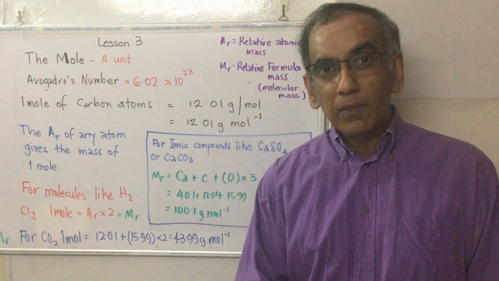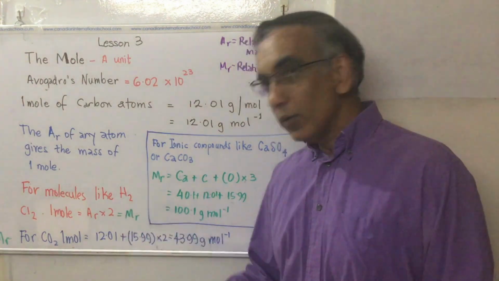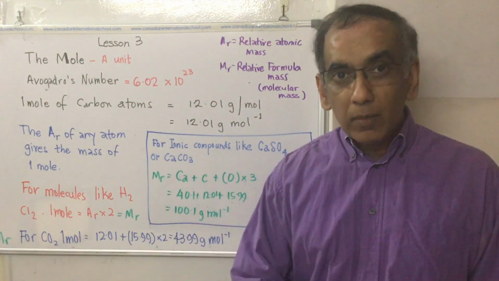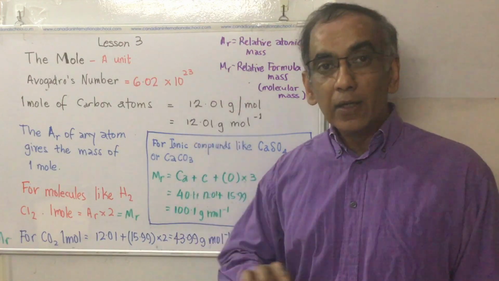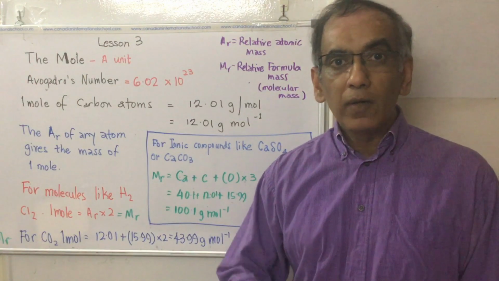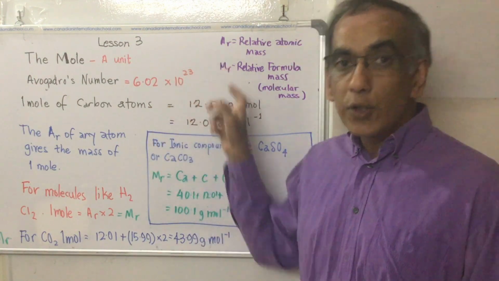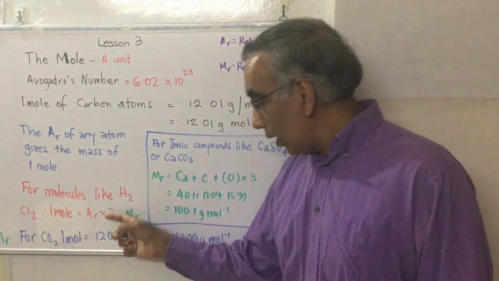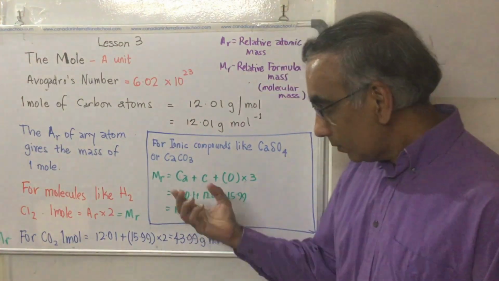So you would be bringing me 71 grams of Cl2, and that would be 1 mole of Cl2. That would be made up of 6.02 by 10 to the power of 23 molecules of chlorine. And it would be made up of 6.02 by 10 to the power of 23 multiplied by 2 atoms of chlorine, because each molecule of chlorine is made up of 2 atoms.